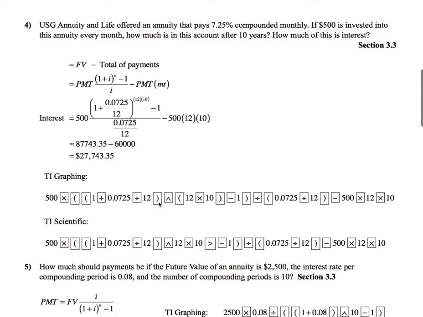And so I close the parentheses here for this value, 1 plus 0.0725 divided by 12, because that's the rate divided by the number of compounding periods per year. That is the I that's going here and here. And so I've closed the parentheses there, corresponding to this parenthesis. And then I raise it to the exponent 12 times 10.